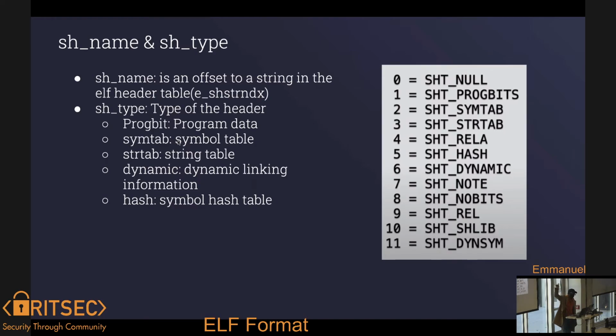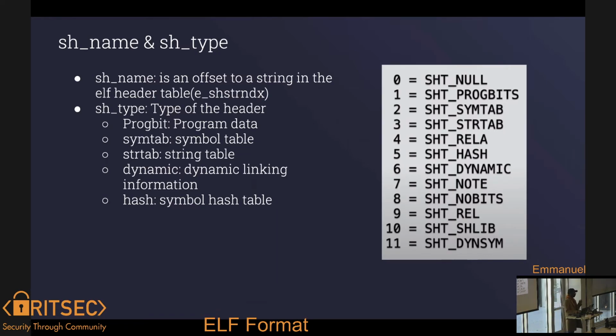The first one is just information about the program data. The next one is information about the symbol table, the third one is the string table, and the last one, the hash one, gives information about the system hash table.